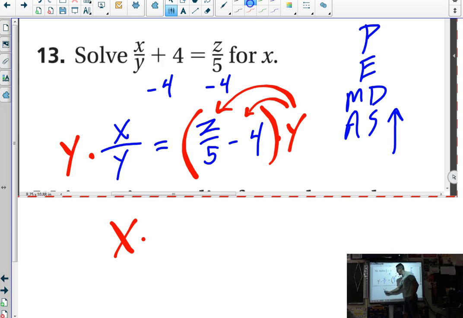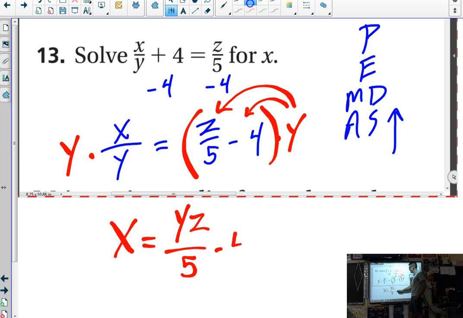So now x becomes yz over 5 minus 4y. So those are good things to remember as we're working to isolate in equations or inequalities, is we got to work PEMDAS backwards.